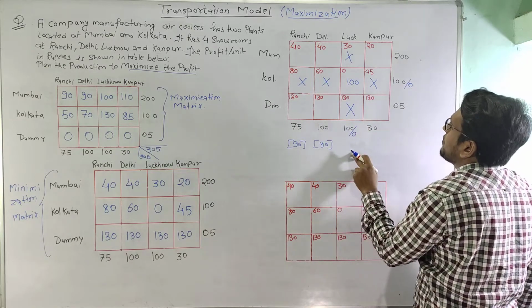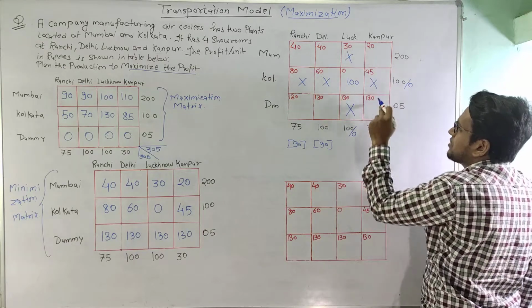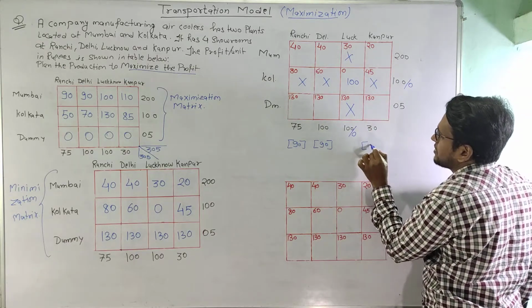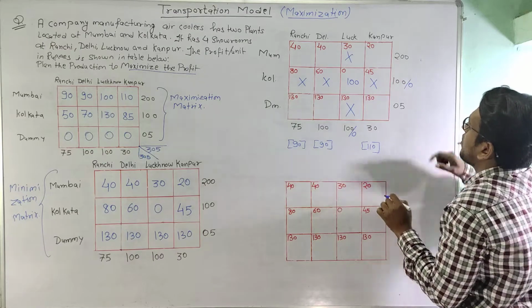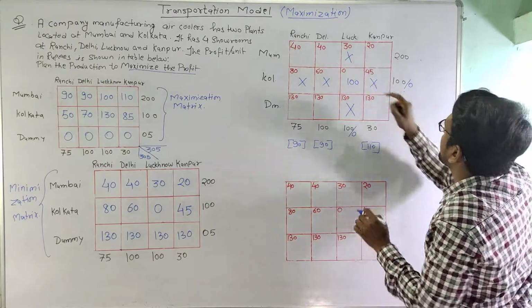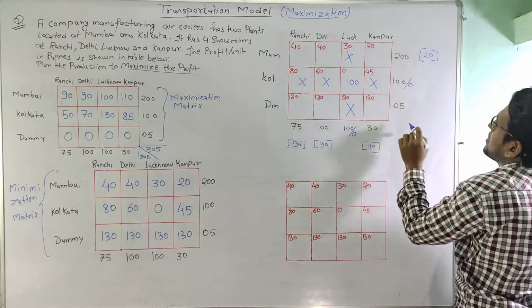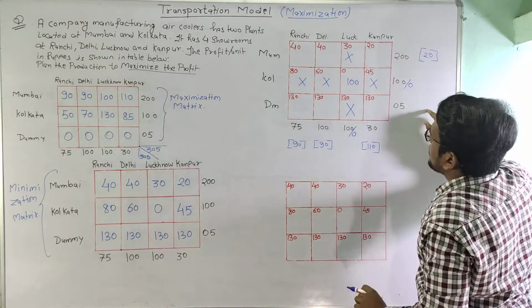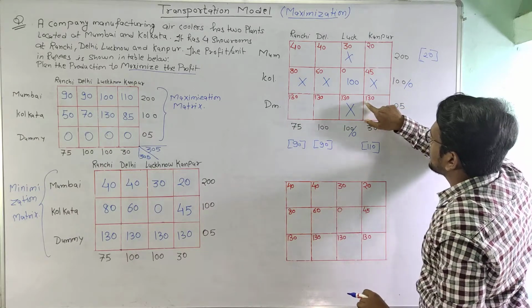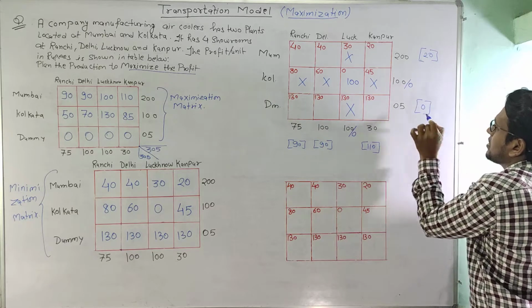Okay, this has been fulfilled. Here 30, 20 and 130, so the difference is 110. For column we have minimum value as 20, next minimum is 40, so the difference is 20. This has been fulfilled, and for this minimum is 130, next minimum is also 130, so the difference will be 0 here.